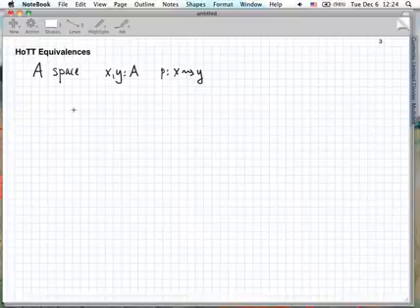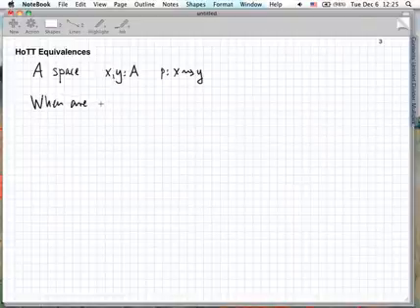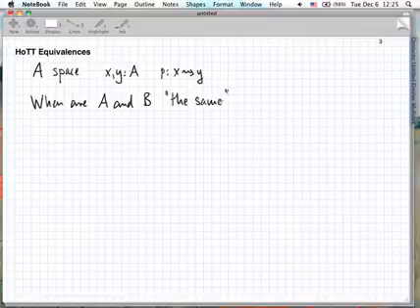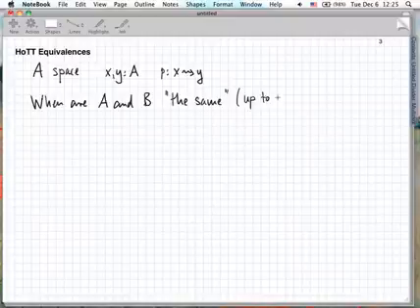So the question I want to think about is, suppose I have two spaces, when are the spaces A and B the same? And because we're doing homotopy type theory, this should mean up to homotopy, whatever that means.